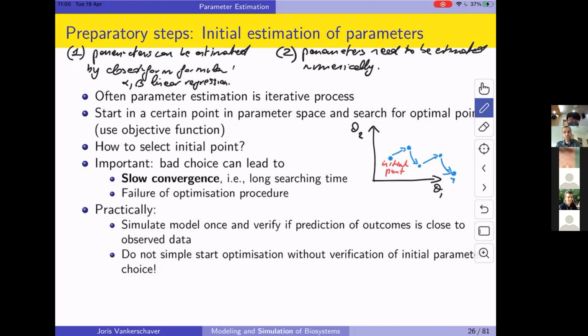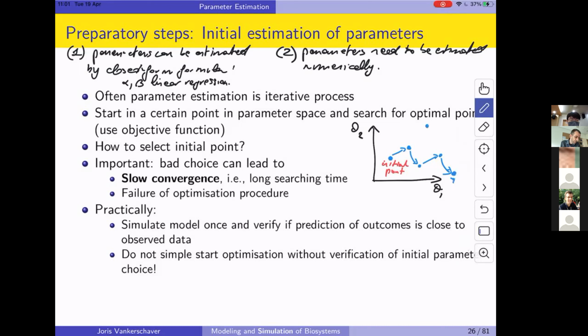The other thing that you can do is you can do the optimization a couple of times for different parameter values. And you can observe, okay, if I take different initial conditions and I do my fit, by how much do my parameters change? And if you see that independent of which initial condition I choose, they all sort of end up in the same region.